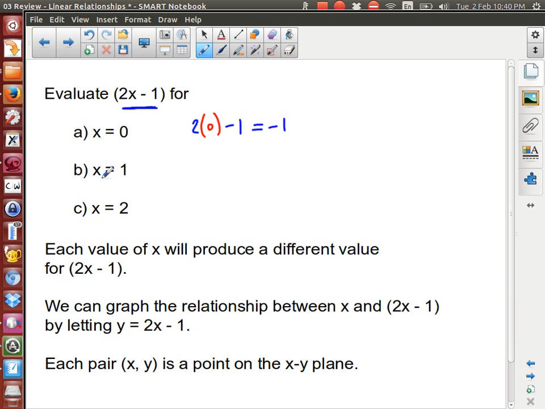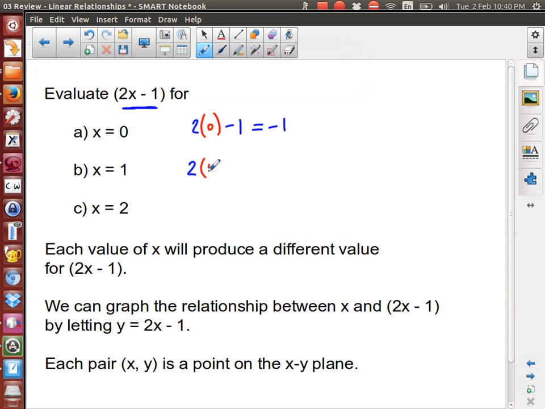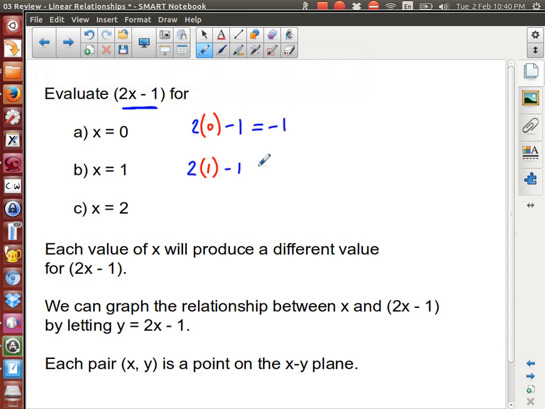I can then say, okay, what about evaluating 2x minus 1 when x is equal to 1? Instead of times x, now in the place of x, I'm going to put the value 1. 2 times 1 minus 1 is equal to 2 times 1 is 2, subtract 1 is 1. I do the same thing for x equals 2.